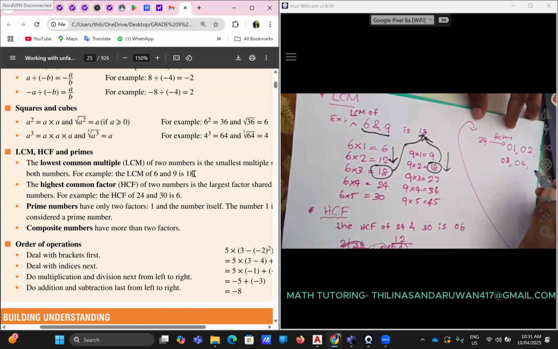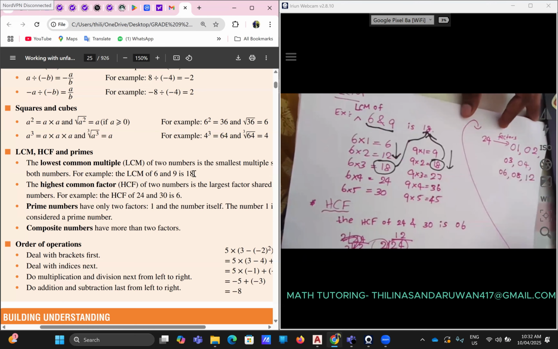So 5 is not a factor of 24. 6 is also a factor because of the zero balance. 7 is not a factor, and 8 is a factor. 12 is also a factor.